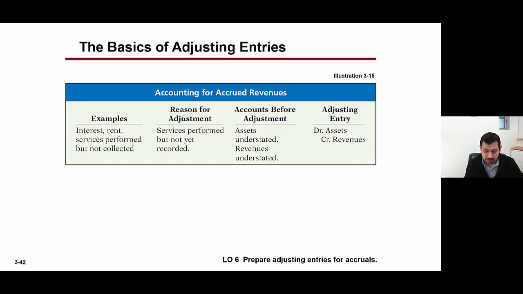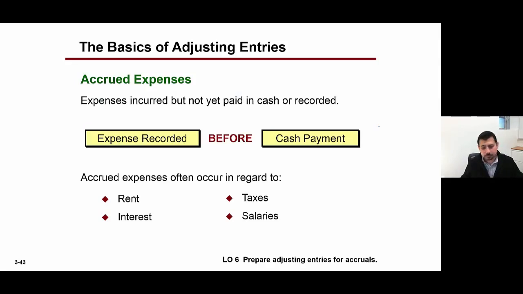To fix this, we increase assets and we increase revenues. This is why we debit assets to increase them, and we credit revenues to increase the revenues as well. So whenever we need to make an adjusting entry for accrued revenues, we debit the asset and we credit the revenue account. Now, with accrued expenses, this is again the other side of the story.